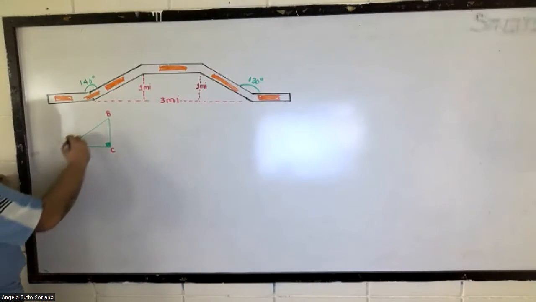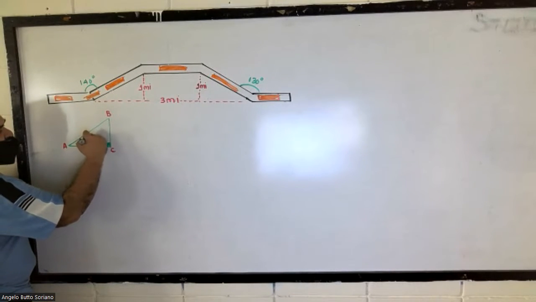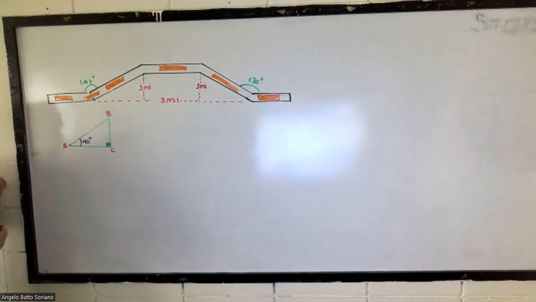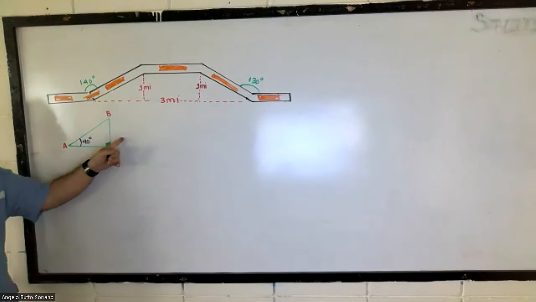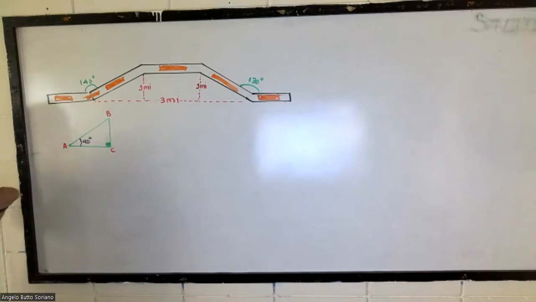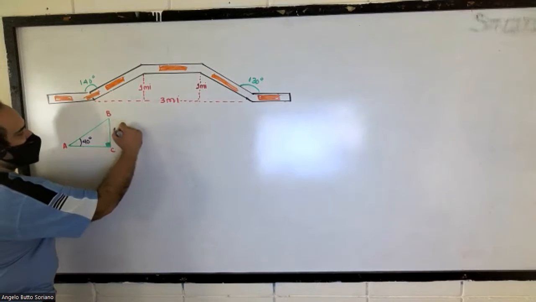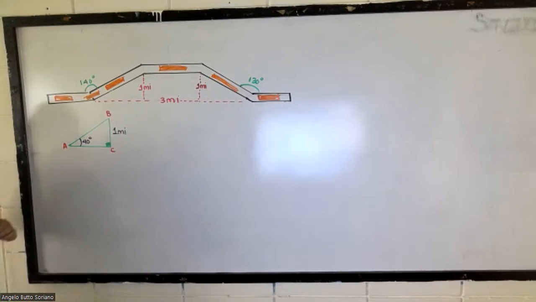If we subtract it from 180, the answer will be 40 degrees, okay? And the distance between B and C obviously will be 1 mile.